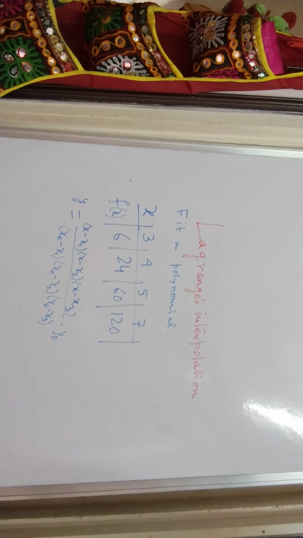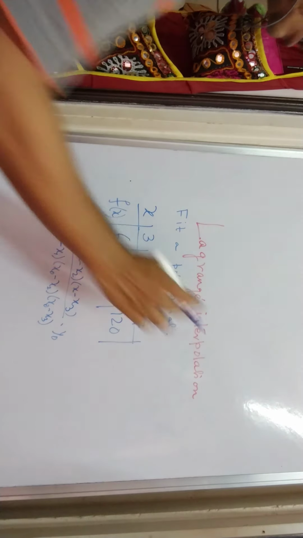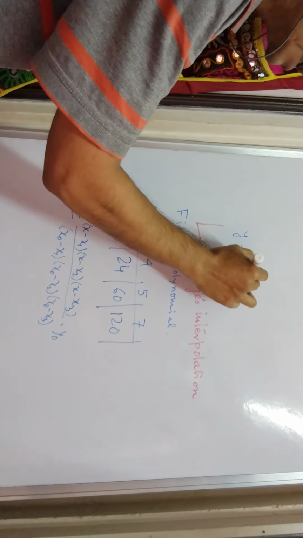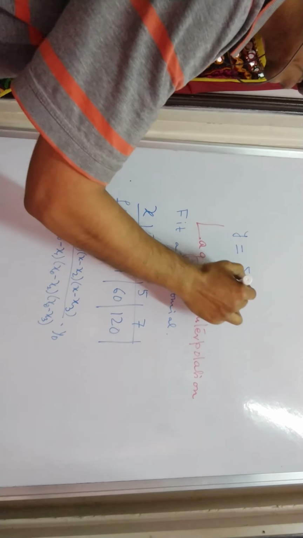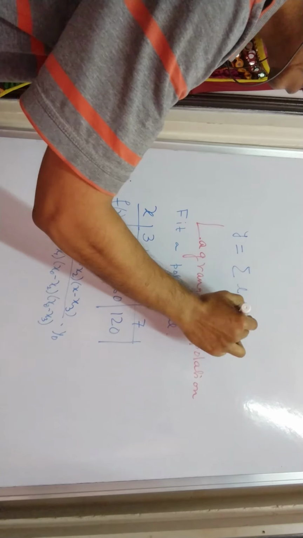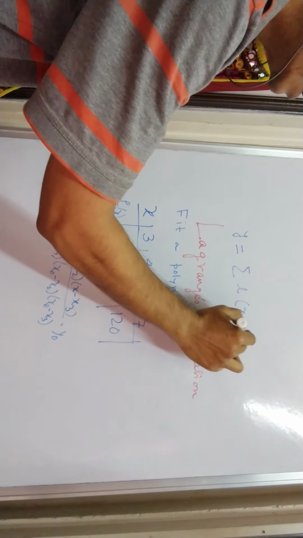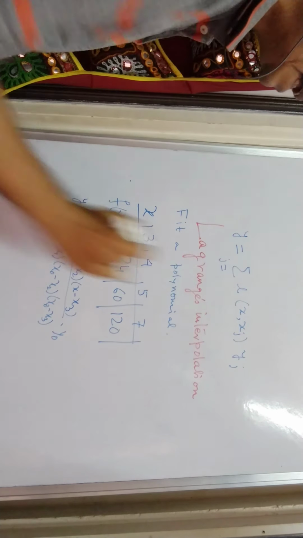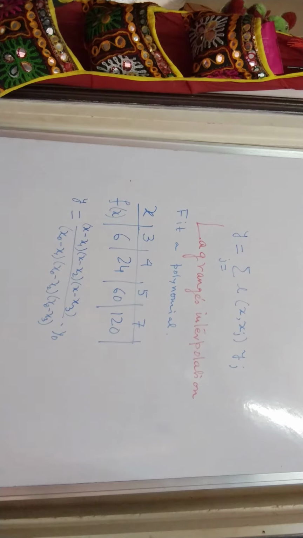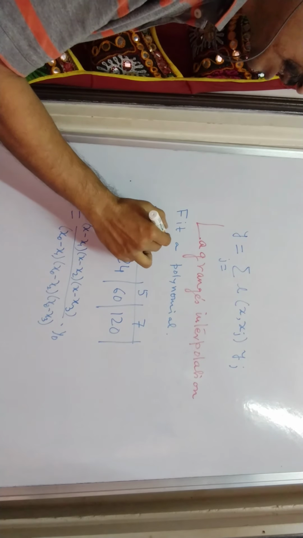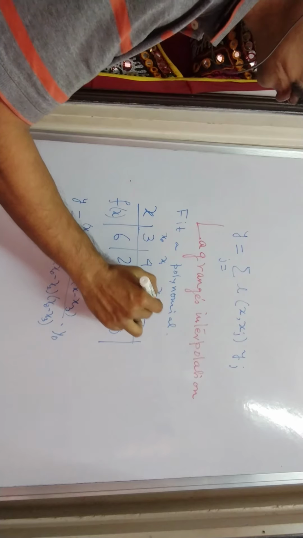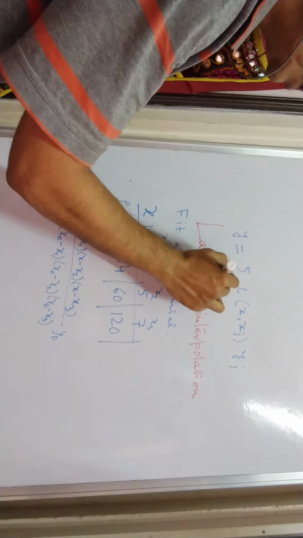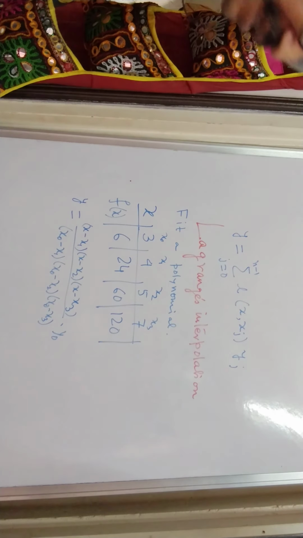As we all know, Lagrange's interpolation formula may be written as y equal to the summation of L(x, xj) yj, where j runs from 0 to n minus 1. This is x0, this is x1, this is x2 and this is x3.